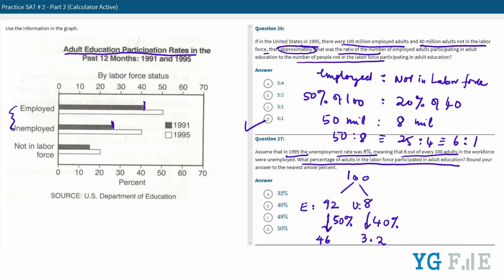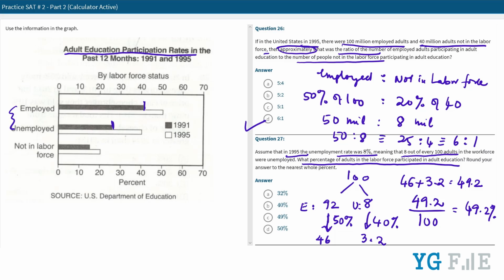Which means the total number of adults will be 46 plus 3.2. So this is 49.2. That means out of 100 adult people, 49.2 participate in adult education. If we write it as a percentage, it becomes 49.2%.